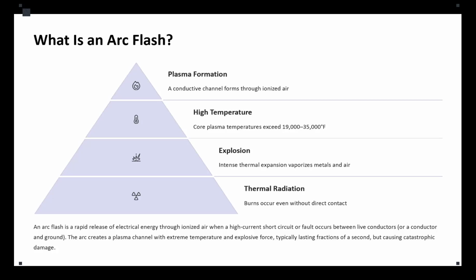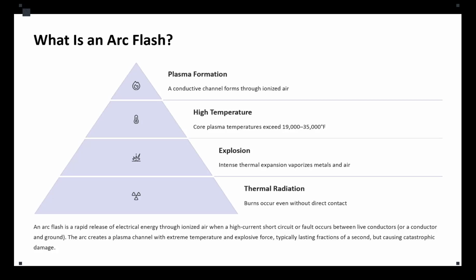That explosive pressure wave, which we normally call arc blast, and which we will talk about in a future slide, can blow open panel doors, shatter enclosures, or throw workers across the room. It is powerful enough to cause secondary injuries, and even if the worker isn't burned, that blast could create dangerous consequences.